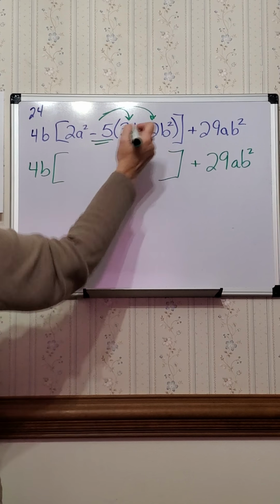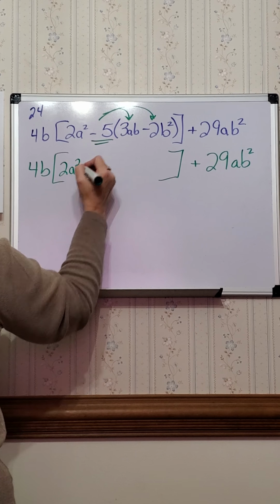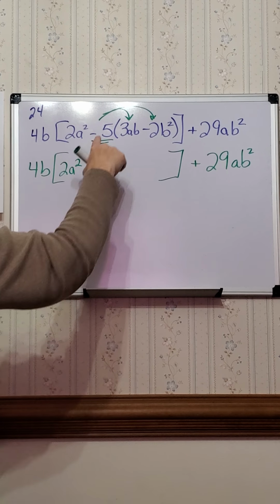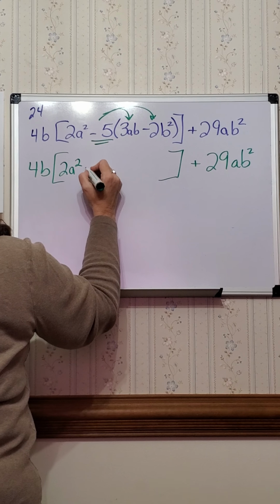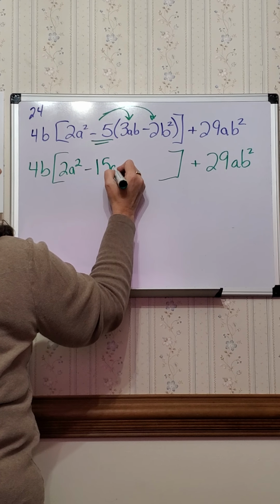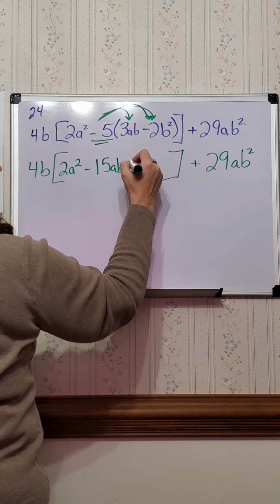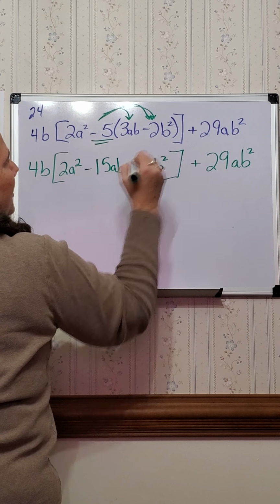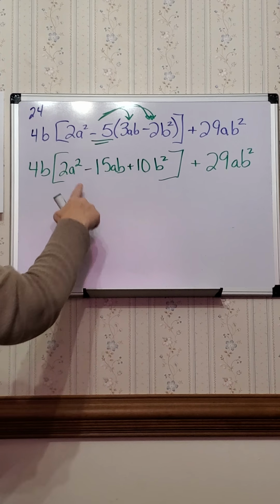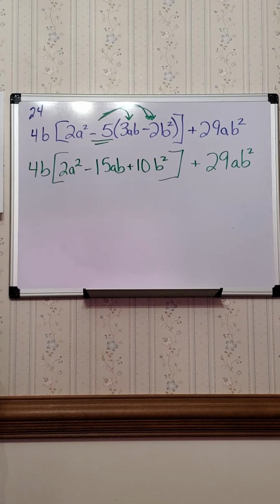Now, when I do distributive, I'm not doing anything with this 2a squared, so I'm going to bring it down as well. So negative 5 times 3ab is going to give me a negative 15ab. Then negative 5 times negative 2 is going to give me a positive 10b squared. When I look here, there is nothing inside of there that I can combine.